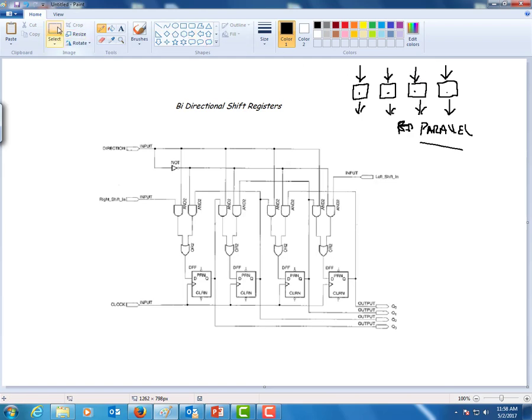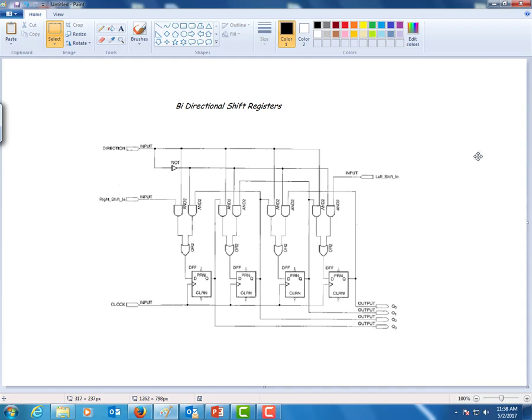So now what I want to do is go over with you an example in the text of a bidirectional shift register. This shows the wiring, because you may have some questions about that. But let's just take a look at it. If you notice, you have AND gates here.